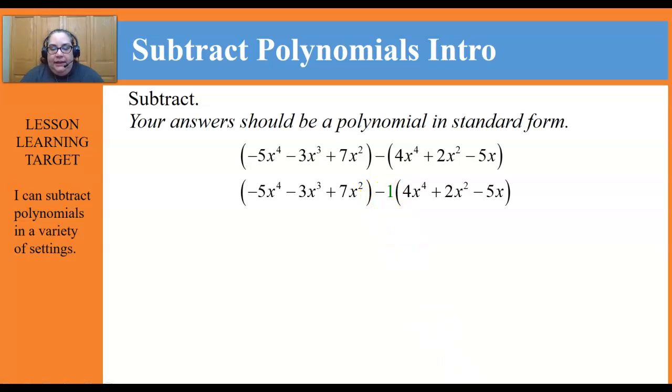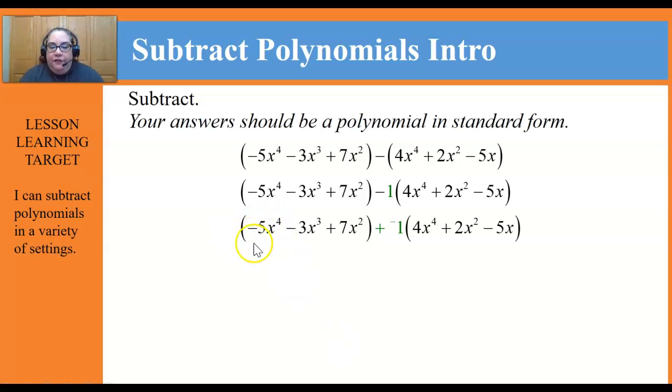This is useful to think of it this way because whenever I see subtraction, I still will sometimes add the opposite. So what we're really doing is taking this minuend, the first thing, and adding it to -1 times that. And this is where we get our distribution from.